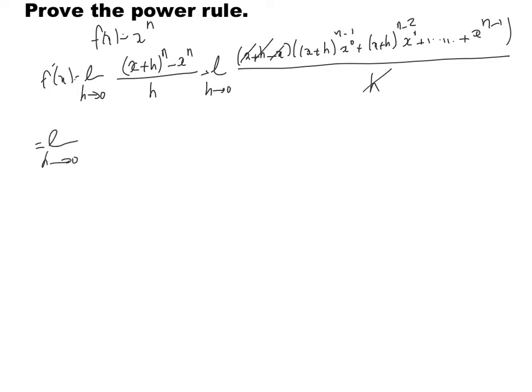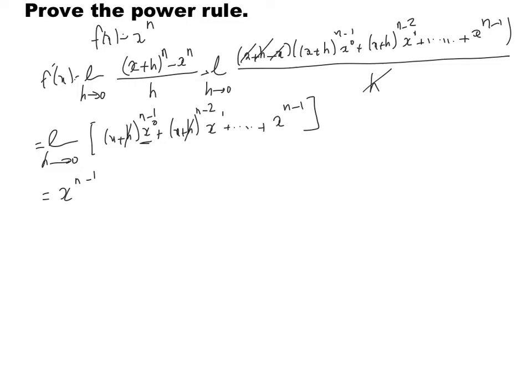So this is equal to the limit as h goes to 0 of x plus h exponent n minus 1 times x exponent 0, plus x plus h exponent n minus 2 times x exponent 1, plus up to x exponent n minus 1. When h goes to 0, it becomes 0, so we get x exponent n minus 1, x exponent 0 is 1.